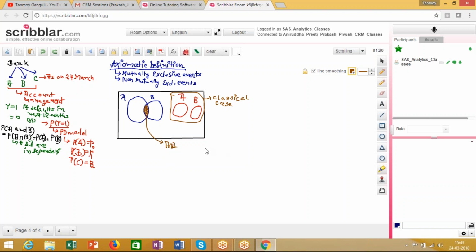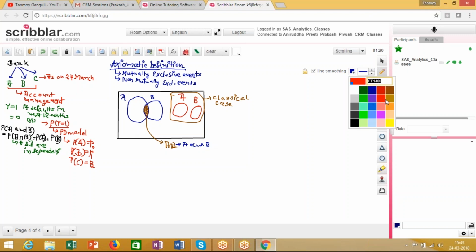A intersection B means the part which is common between the two sets A and B. So this part talks about A and B.